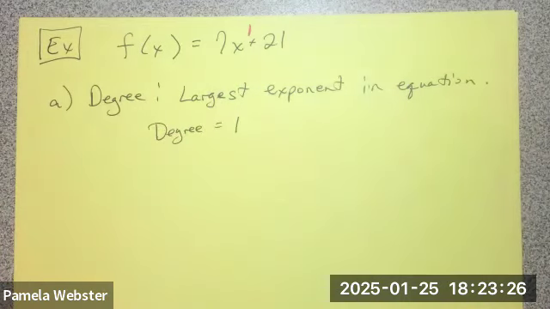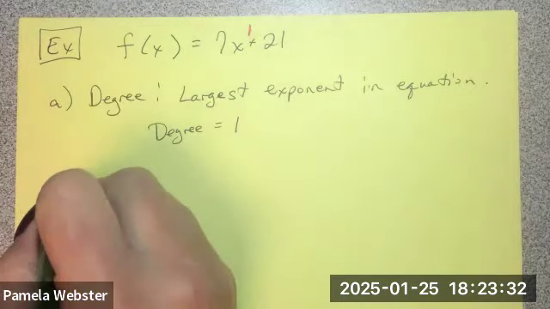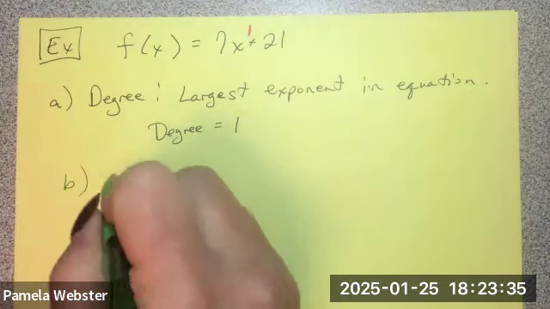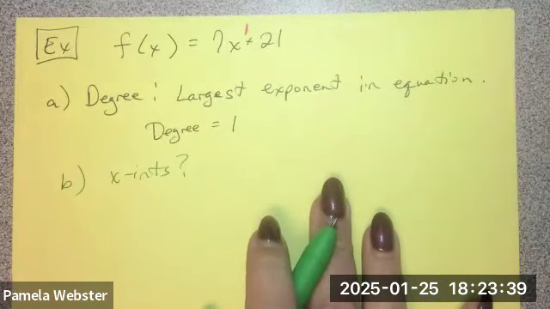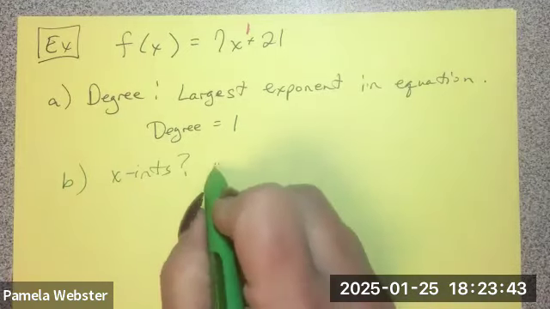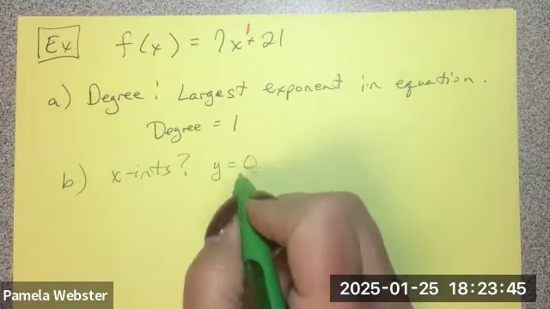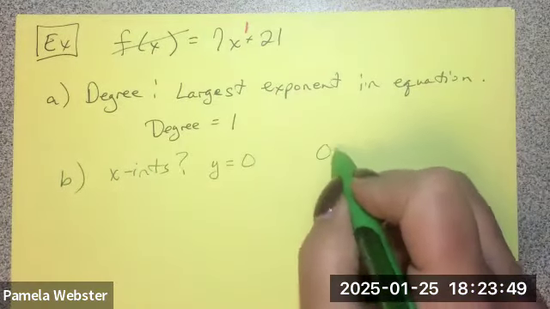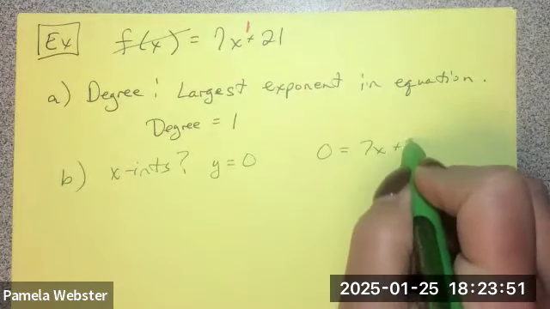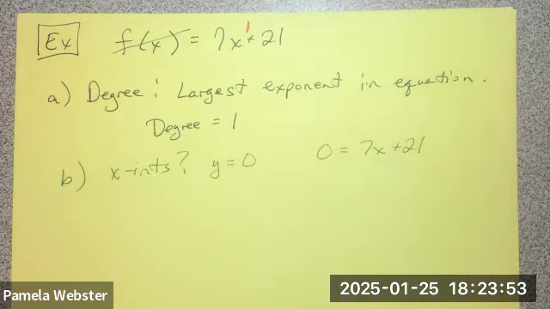Okay. And then we're going to do a couple of little things that we've done before. So how about the x-intercepts? Okay. And again, you know that to find an x-intercept, you plug in y equals 0, but that'll mean making that whole thing equal to 0, right? 0 equals 7x plus 21. Some people say set the equation equal to 0. That's the same thing.